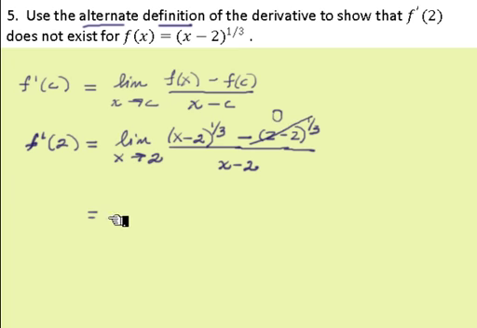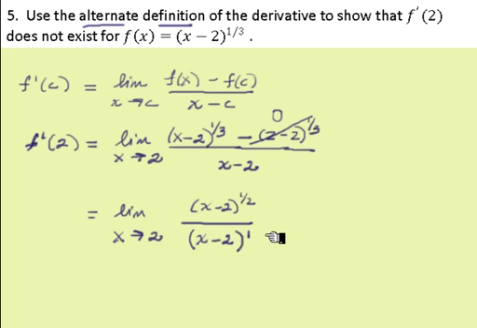So let's just rewrite that. We have limit x goes to 2. In the numerator we have x minus 2 to the 1/3, and in the denominator we have x minus 2. We can simplify this. This is x minus 2 to the exponent 1 in the denominator, and x minus 2 to the 1/3 in the numerator.